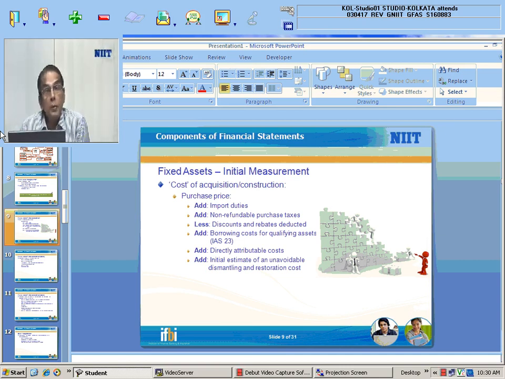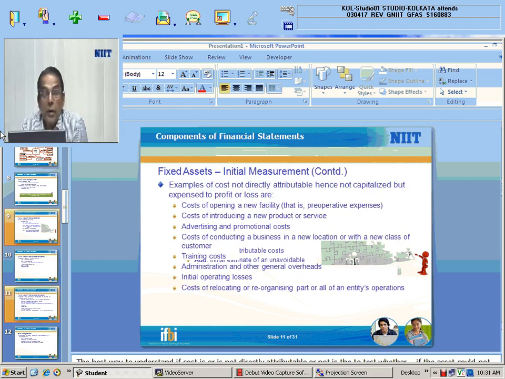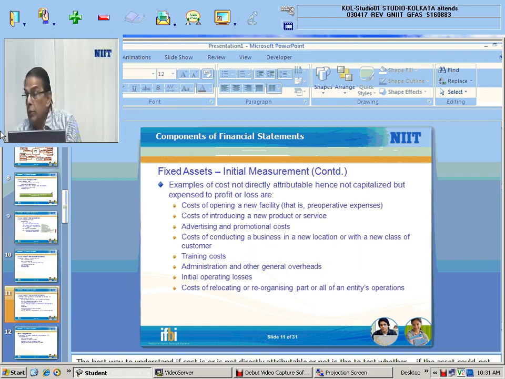Estimate of this cost must be included for initial measurement purposes. So, cost directly attributable. Some of the examples of directly attributable cost.